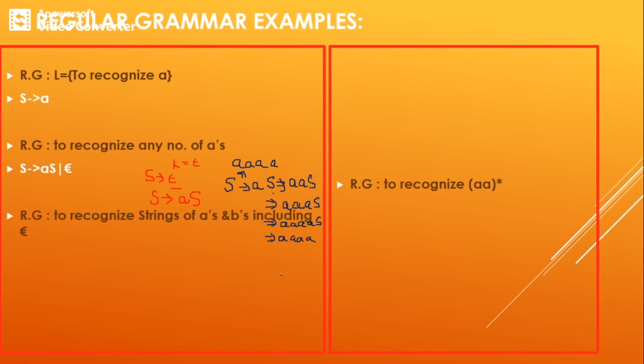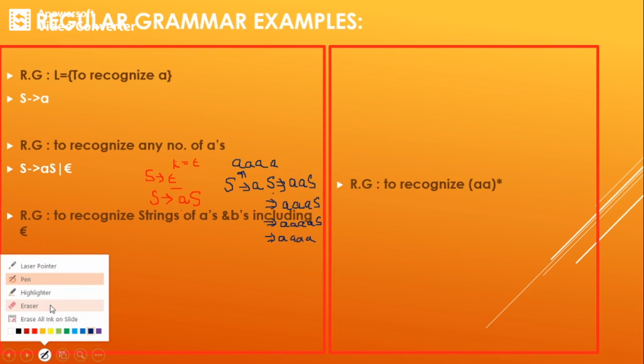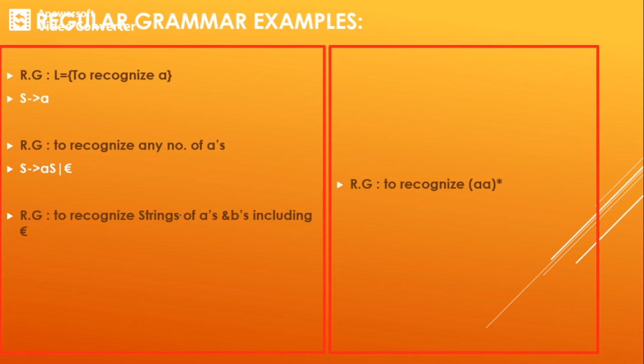Now to recognize the strings of A's and B's including epsilon. If I want to write a regular expression for this language, it would be (A union B) whole star. Now how to write a grammar?